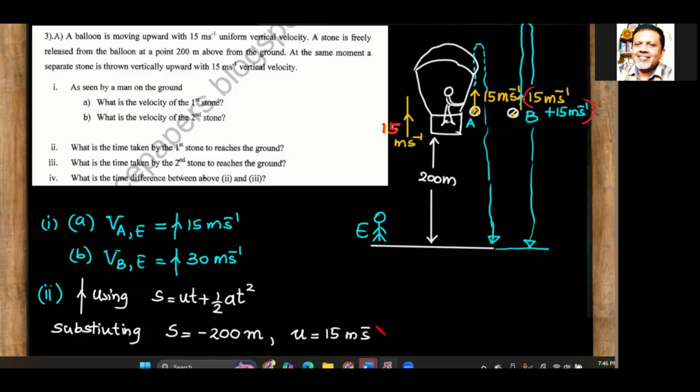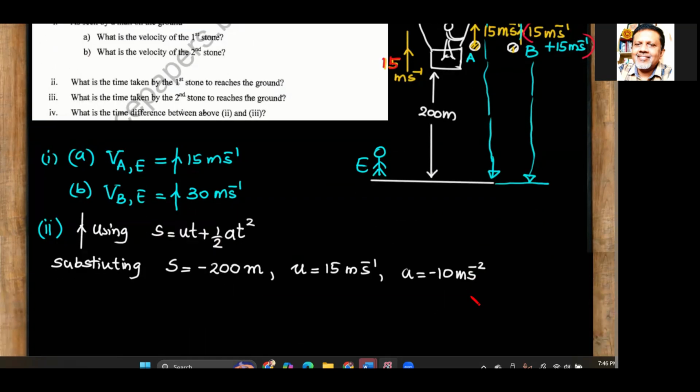And since we are using the equation in the upward direction, the acceleration should be negative. So a should be minus g, right? Minus g means minus 10 meters per second squared. Then we can find the time, right?